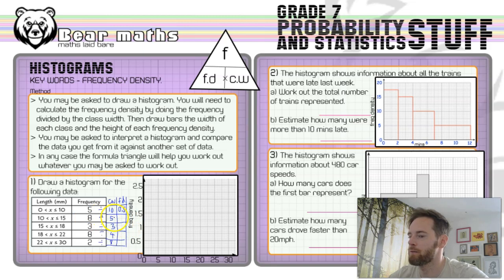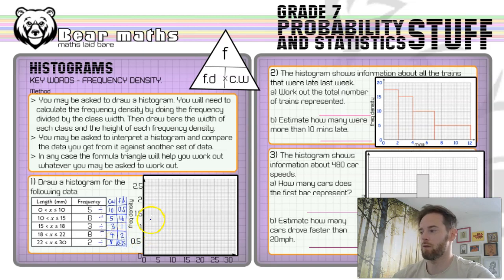The 8 divided by 5, you could double both those numbers and do 16 divided by 10, which would give you an easier thing to think of there, I think anyway. 8 divided by 5, don't fancy it, but 16 divided by 10, yeah, I'll have that. So that's 1.6. Okay, then we've got 3 divided by 3 to give you 1. 8 divided by 4, that's going to give you 2. And then 2 divided by 8. So they're going to give you 1 divided by 4, 1/4, which is 0.25.